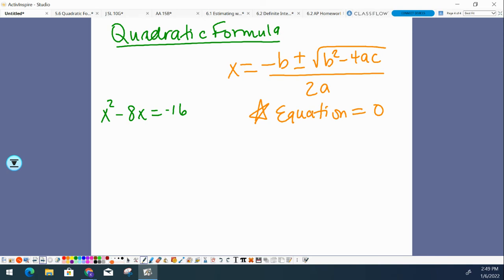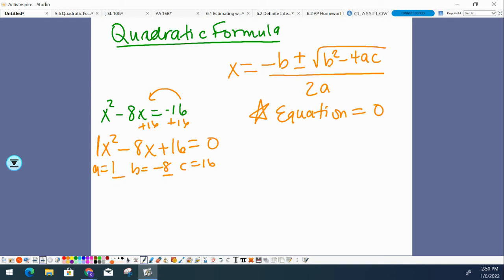When you use the formula, you've got to get the equation equal to 0. That means I got to move over the 16. And to move over the 16, I need to add it to both sides. Then the right side equals 0. Then a is 1, b is negative 8, c is 16.